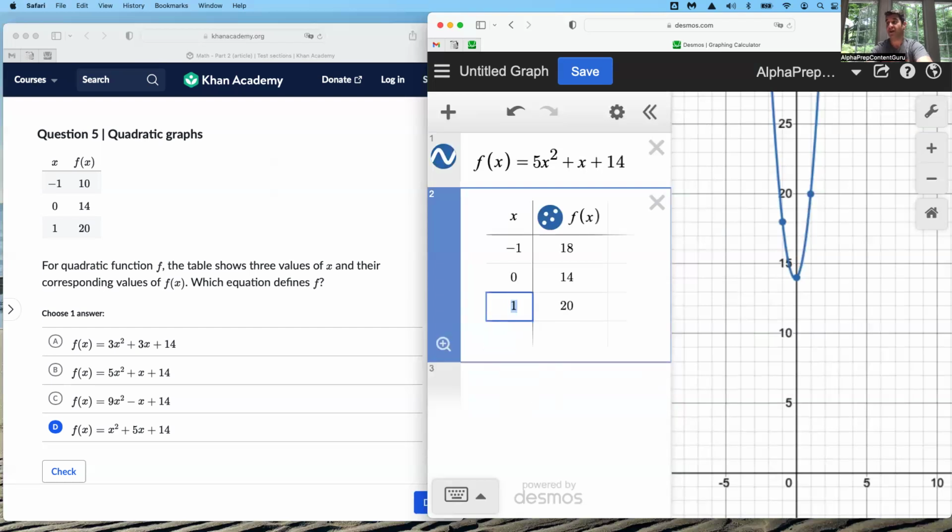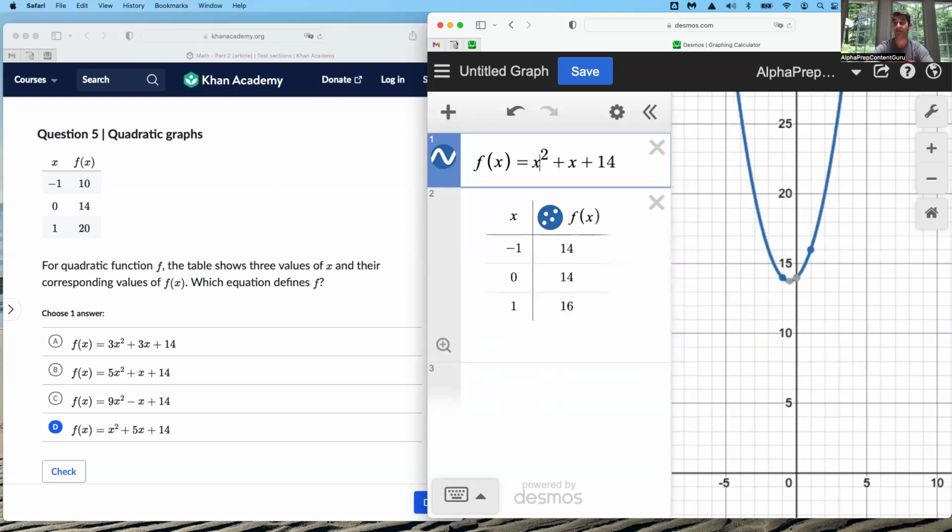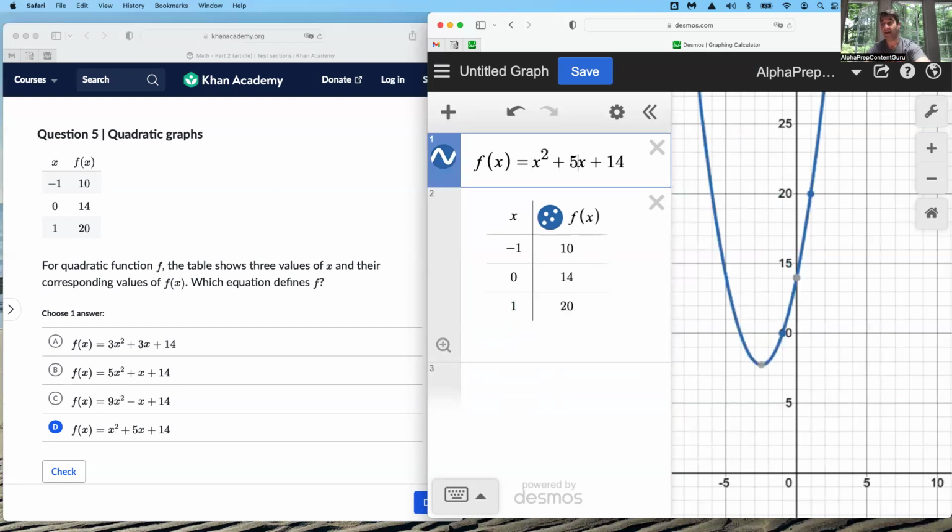And then you can see if the y values match up. If they don't, there's no way that B can be the answer. I'll go ahead and change it to the values for D. Watch how these values change as I do so. And in doing that, I recognize that these values match these values, and D is the correct answer using a third approach for this type of question.